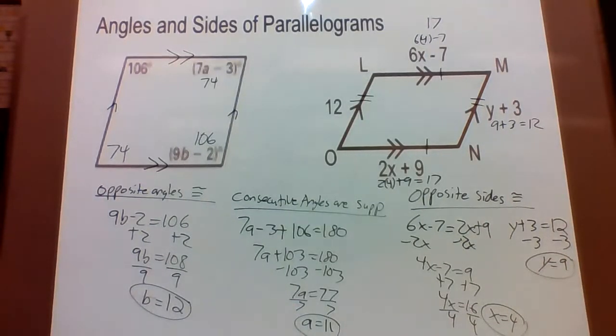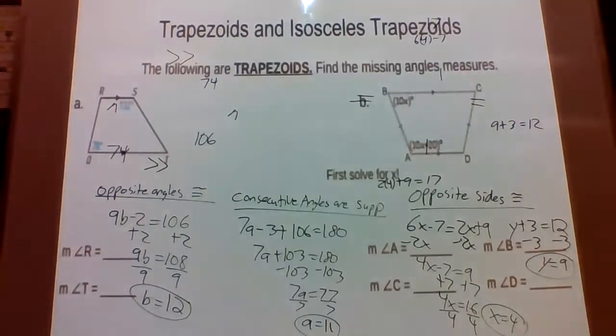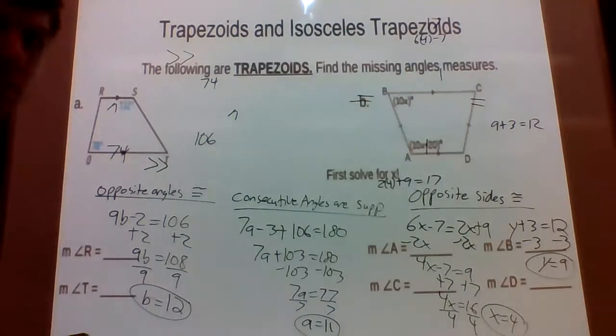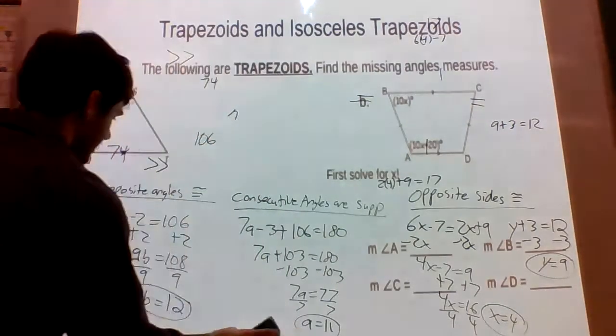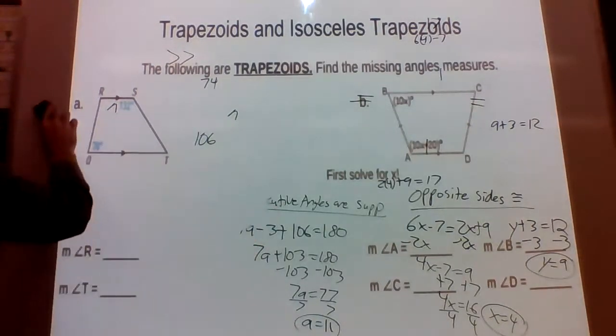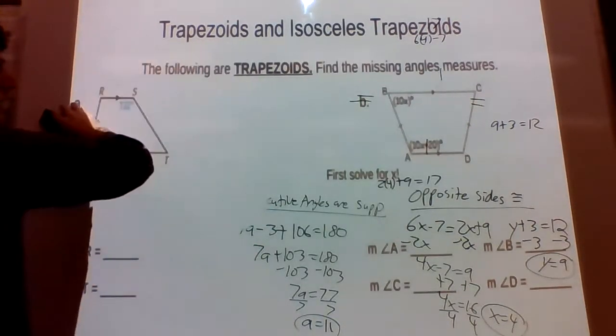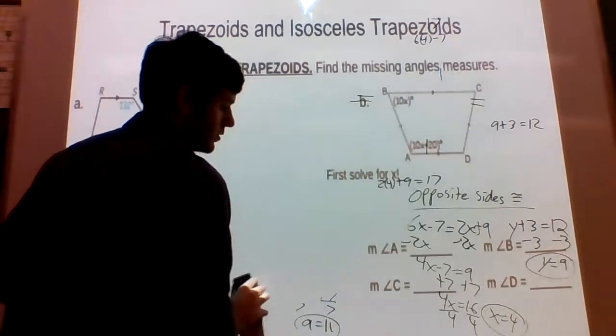Opposite sides are congruent for parallelograms. Next, we have trapezoids. One, we have a normal trapezoid or non-isosceles trapezoid, and then we have an isosceles trapezoid.